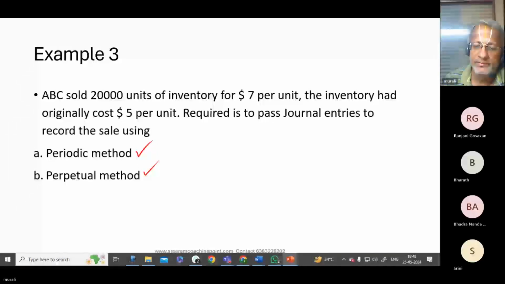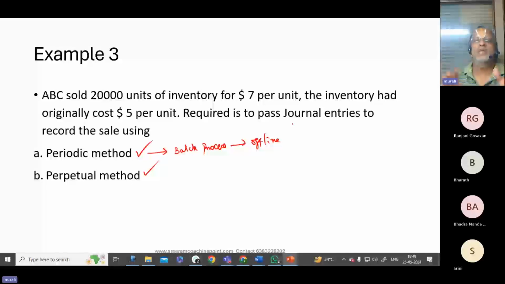The periodic method is nothing but where inventory is accounted at the end of the period, say a month, on a monthly basis. Perpetual is more a continuous basis, the inventory is accounted. Okay, correct. So in the periodic method, it is done as a batch process, offline.